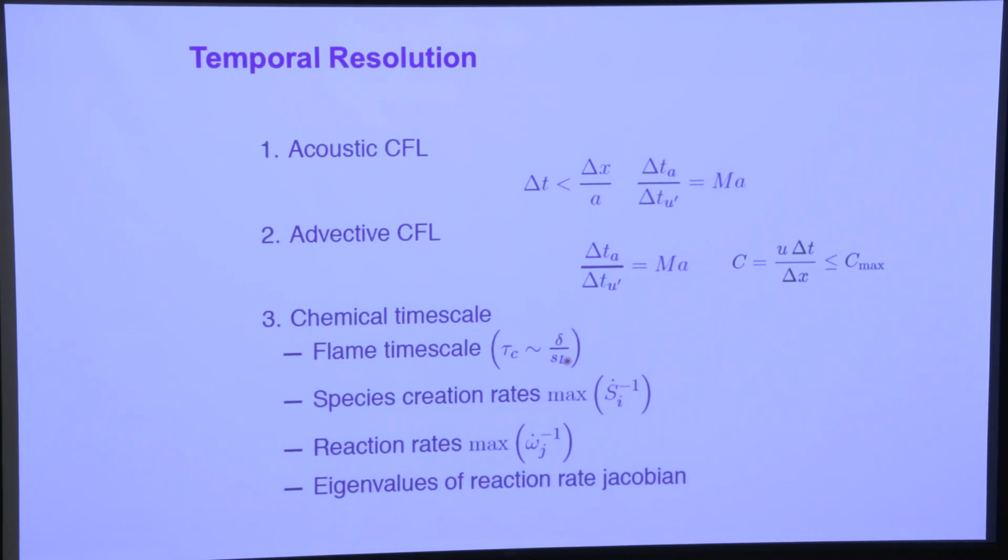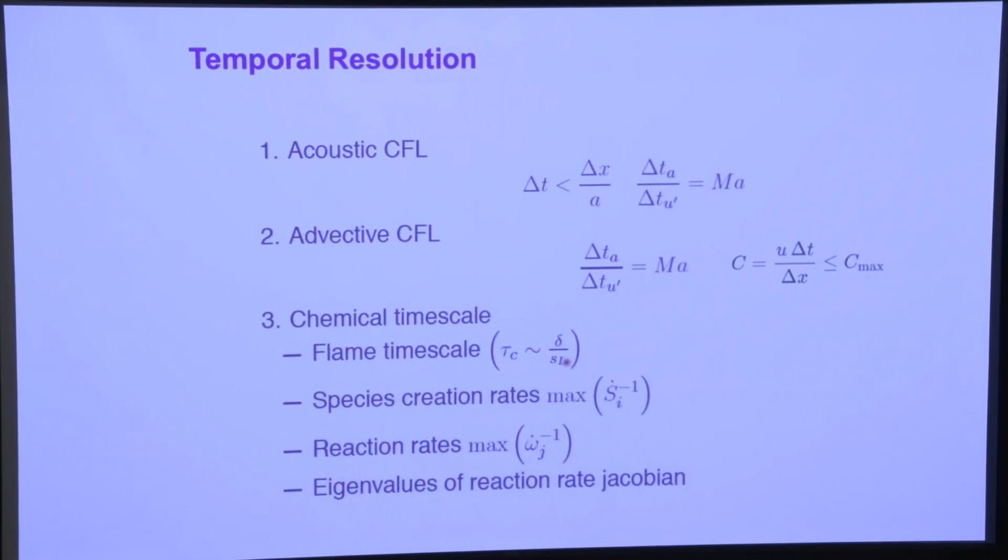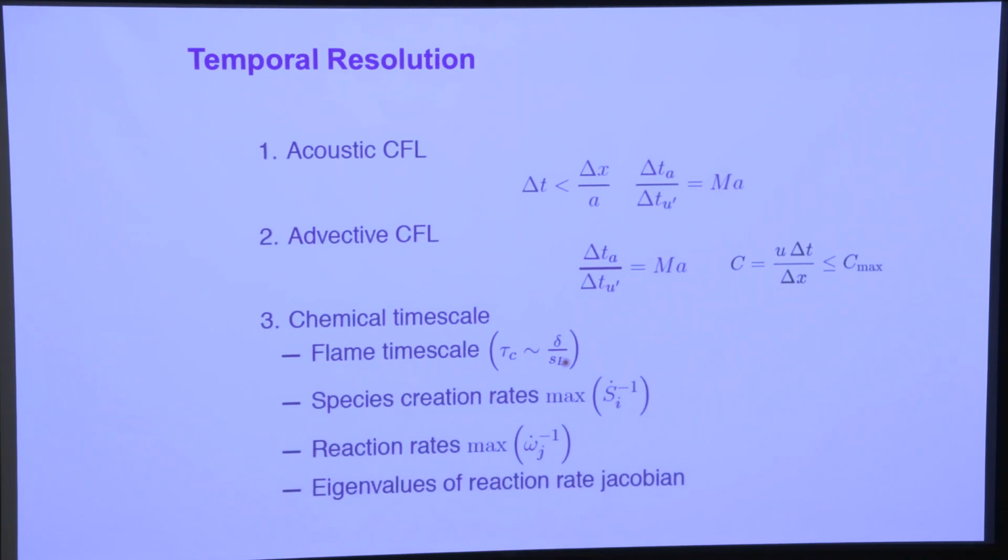And so chemical time scales usually limit our time step in our calculations. And by design, we try to make our chemical time scales somewhat comparable to our advective CFL restrictions too, so that they're not too disparate.